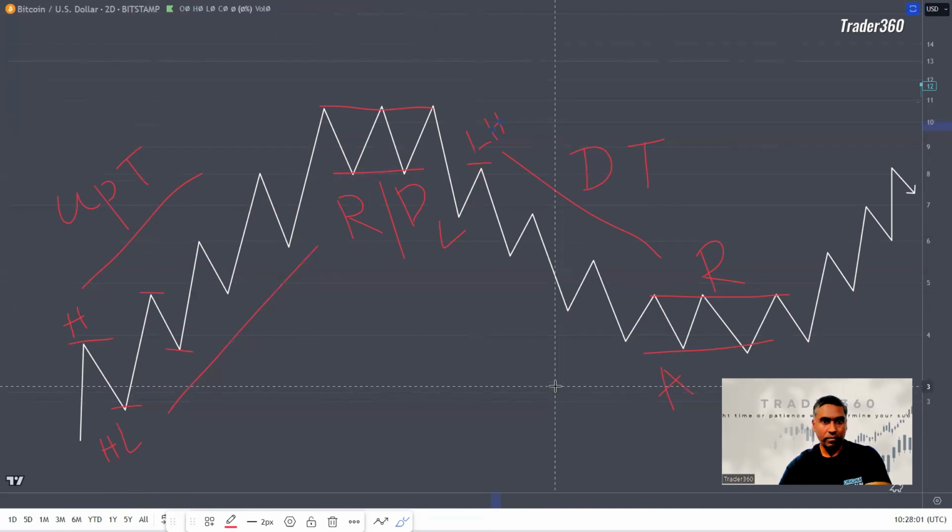So this concept should be clear by now, that when price moves up, it makes higher highs, and if the price stops making higher highs, we know that the price is no more in an uptrend. And when it starts making lower lows and lower highs, we know that the price is in a downtrend. And when it stops, we know that the price is no more in a downtrend. So this is a really basic concept and really, really important to understand.